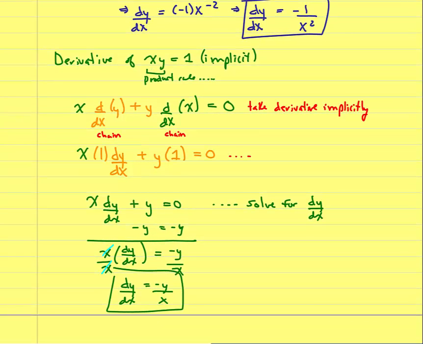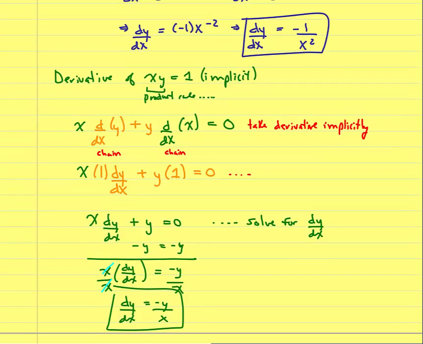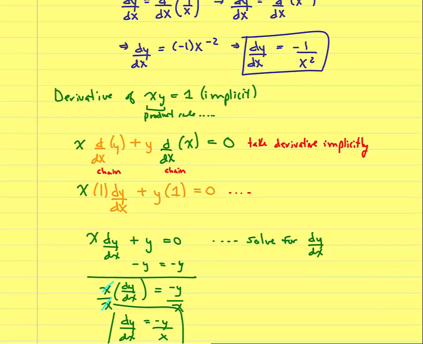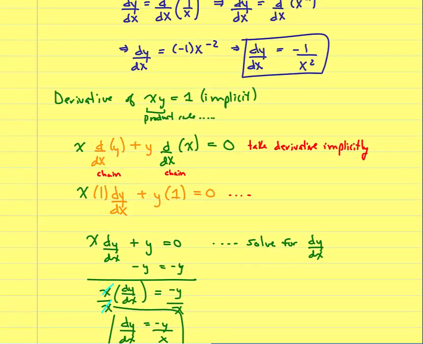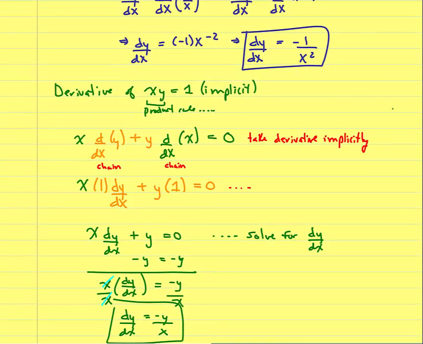So derivative implicit and then derivative explicit. Now they don't look the same, but they will evaluate the same. Go ahead and note a couple things here. If xy equals 1, and the only reason I can do that with this one is that I can actually solve for y.